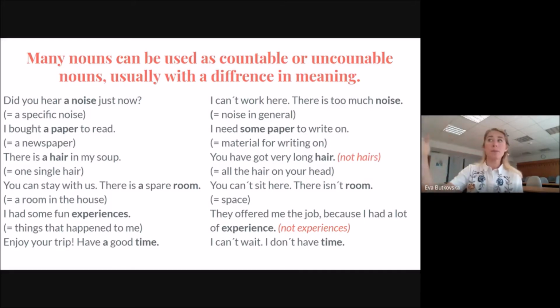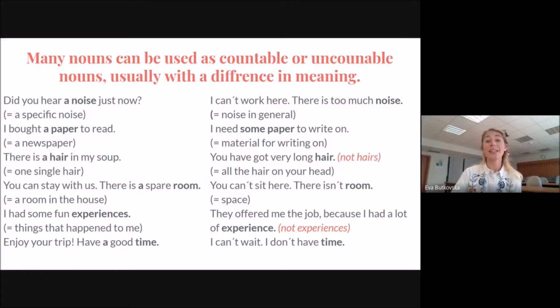It means some specific noise. I am able to point to that noise. So it's that specific noise. But if I say, I can't work here, there is too much noise. Noise in general, so any kind of noise, that's uncountable. So think about the difference.